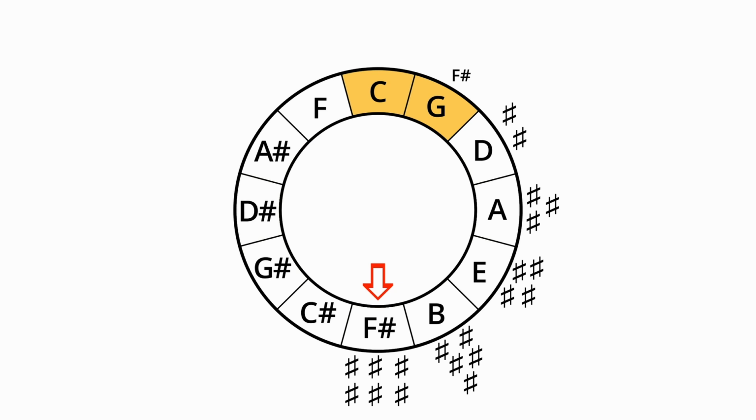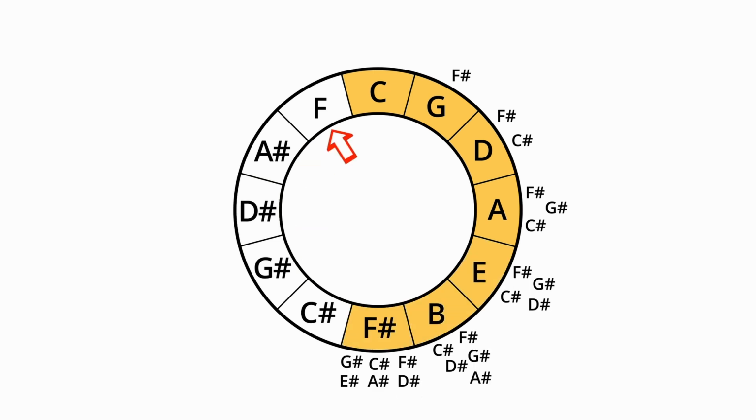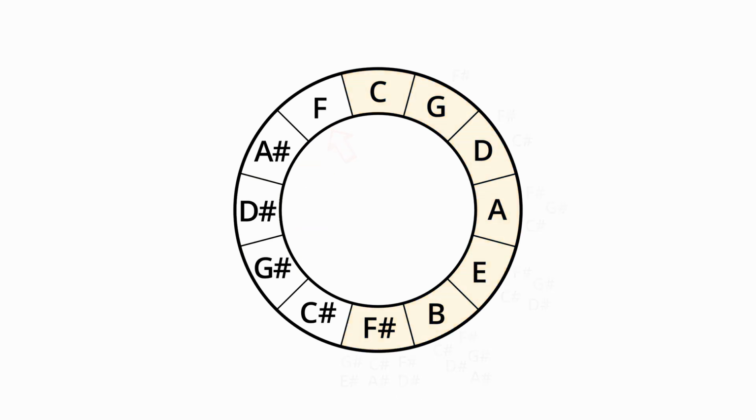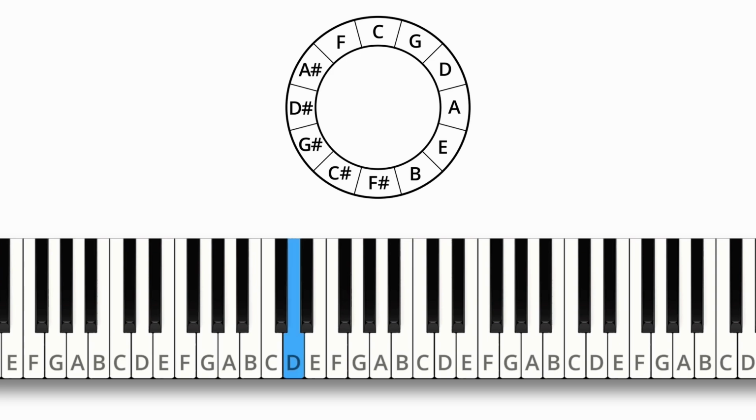The next key, D major, keeps the F sharp and adds a C sharp. In the key of A major, we add a G sharp, and so on. So once you're familiar with this visual system, all it takes is a quick glance at the circle to know that a D major scale looks like this.